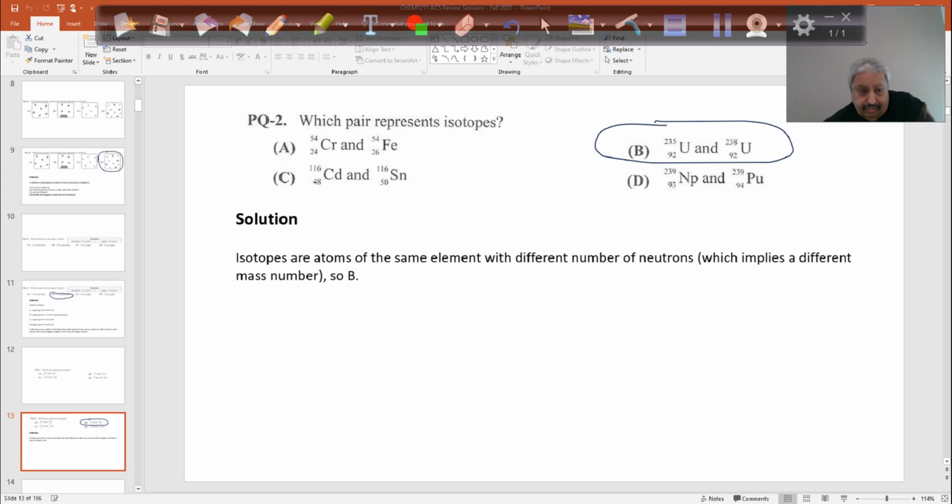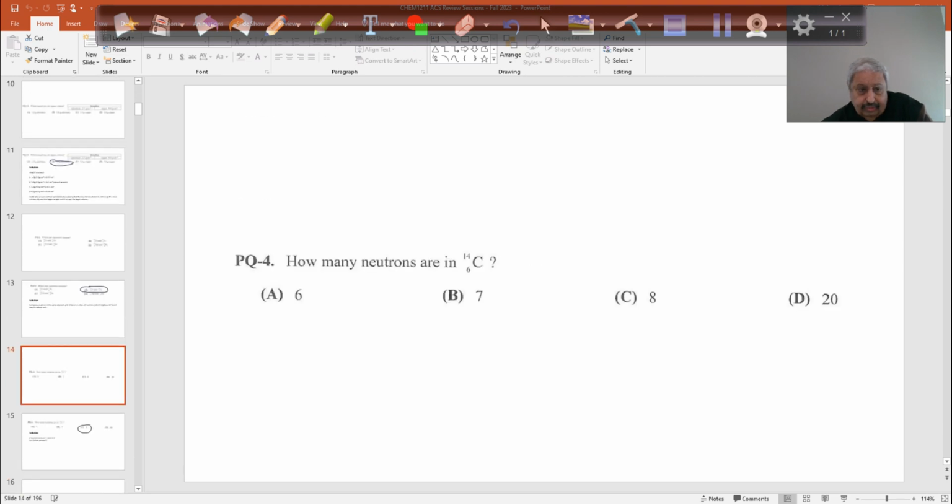It's not changing, the atomic number is not changing. So how many neutrons are in carbon 14? We say the atomic number of carbon is 6, correct? But the 14 is what?